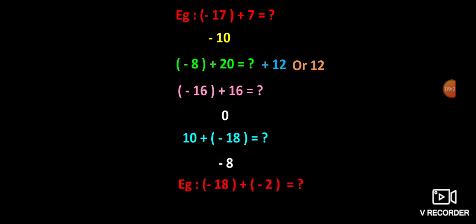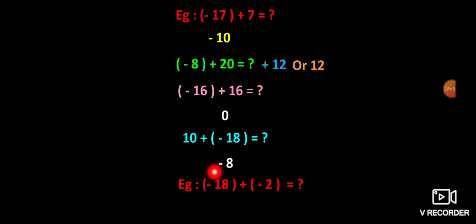Next example, you can see both the numbers have a negative sign, minus 18 plus minus 2. Very simply, we can add the numbers and put the negative sign. We can add the numbers in this case only. That is addition of negative numbers.